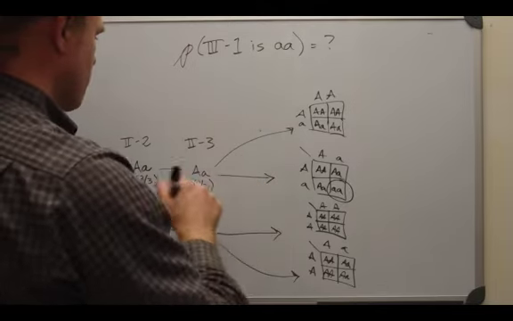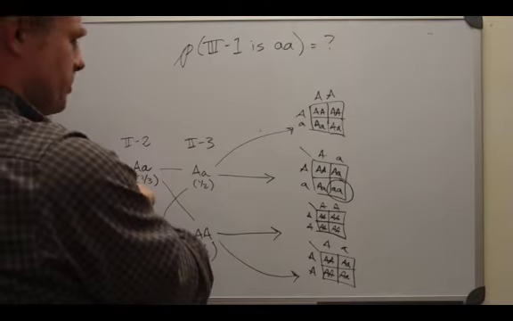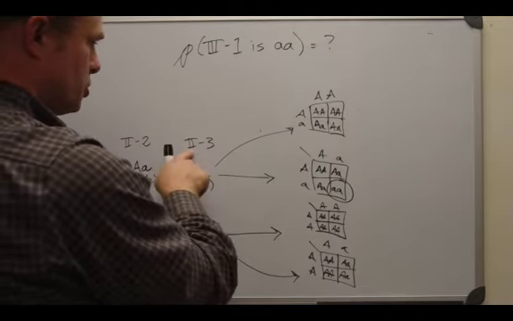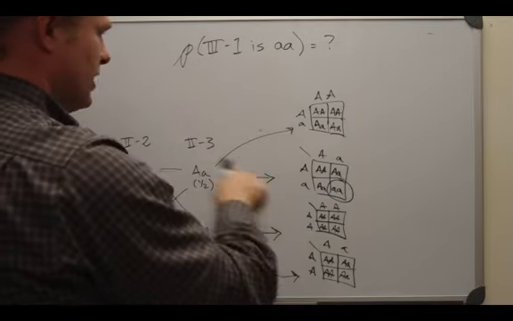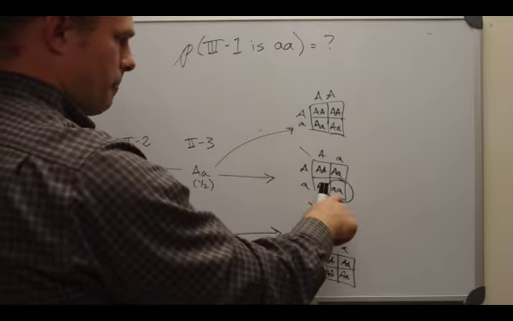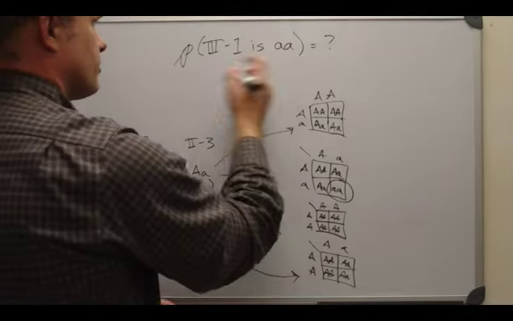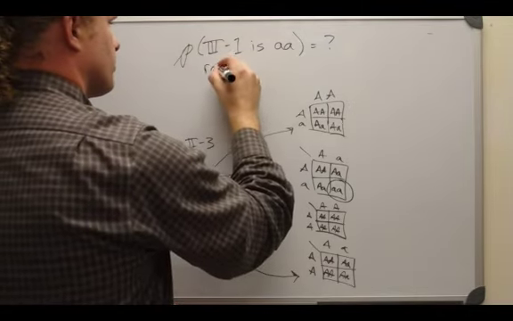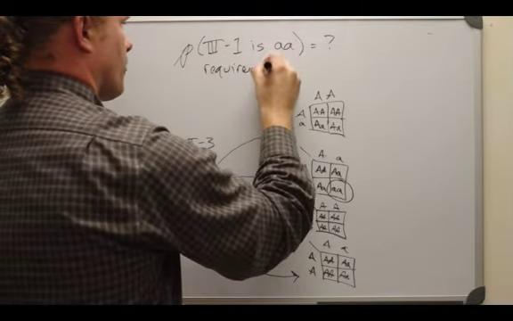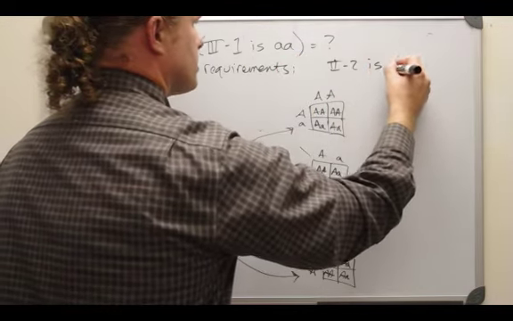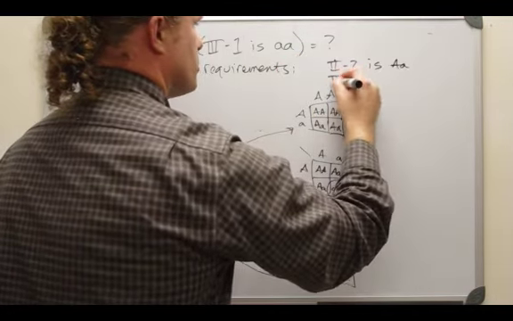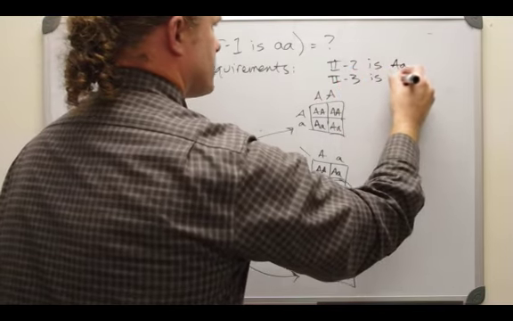What are the requirements? 2-2 needs to be a carrier, and 2-3 needs to be a carrier, and each needs to contribute the little a allele. So we could say, what are the requirements? 2-2 is heterozygous. 2-3 is heterozygous.